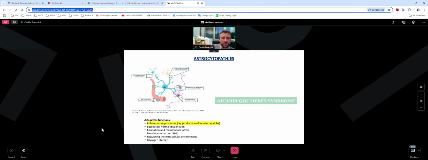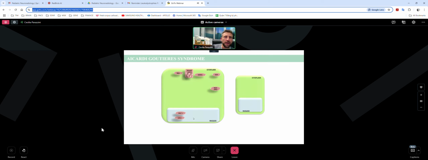Astrocytes are very important also for inflammatory processes. They are able to produce interferon alpha, which is a cytokine that is normally produced to fight against viral infection. And there is a condition, which is Aicardi-Goutières syndrome, which is related to an abnormal production of interferon alpha.